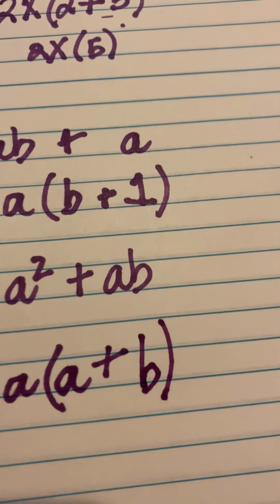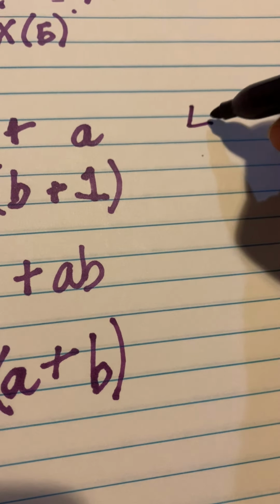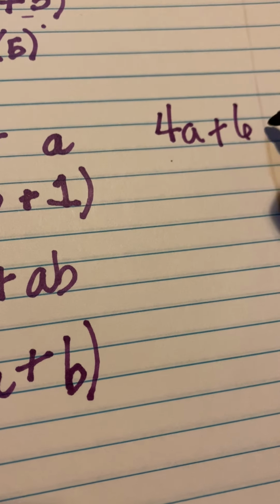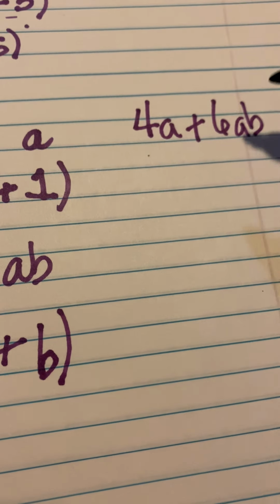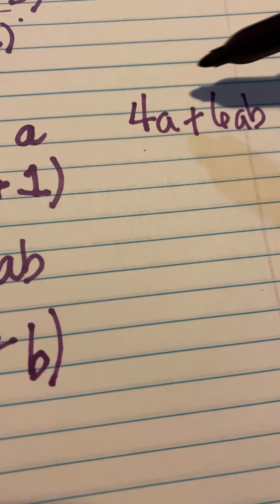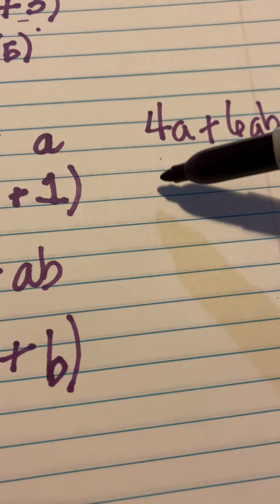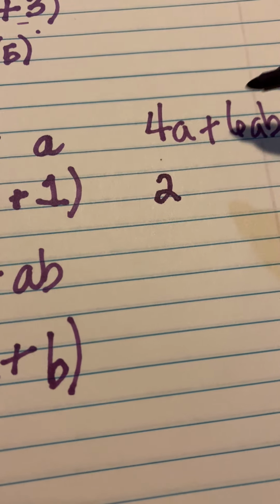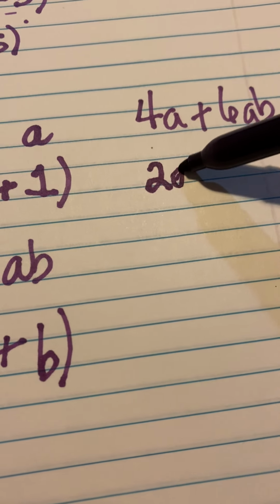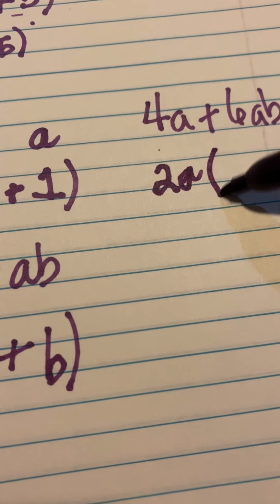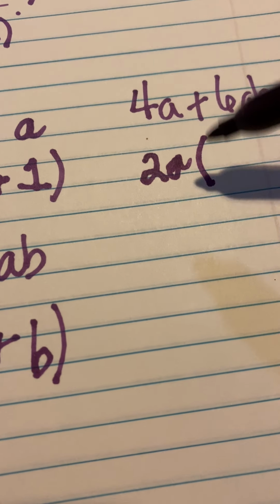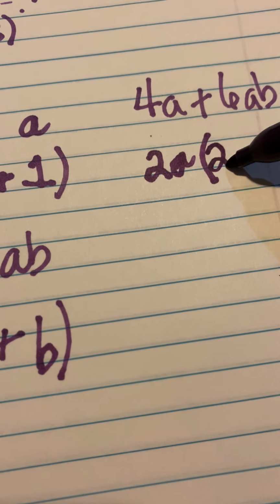Okay, so let's add some numbers to that. Let's say I have 4A plus 6AB. Well, we have to first find the common factor, the greatest common factor, which in 4 and 6, do you remember? It was 2. And of the letters, what can be taken out? Just the A, right? So if I go back to what would be inside, if I take 2 out of this 4, I have 2 groups left.